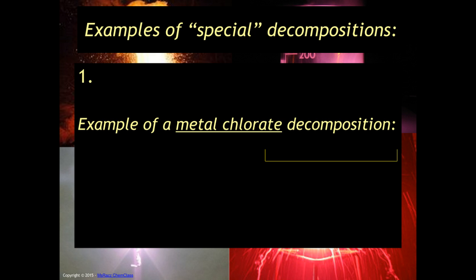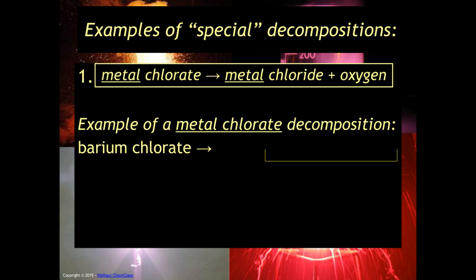Okay, let's talk about some special decompositions. The first one is going to be a metal chlorate. An example of a metal chlorate in decomposition would be barium chlorate. Chlorate is ClO3 with a -1 charge; you use your polyatomic ion sheet.